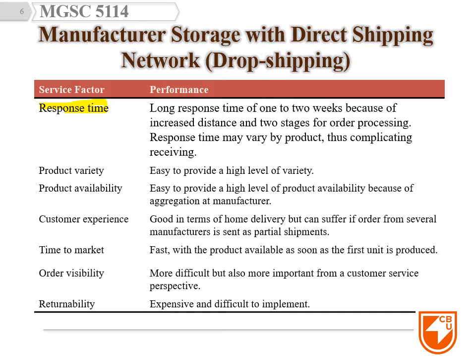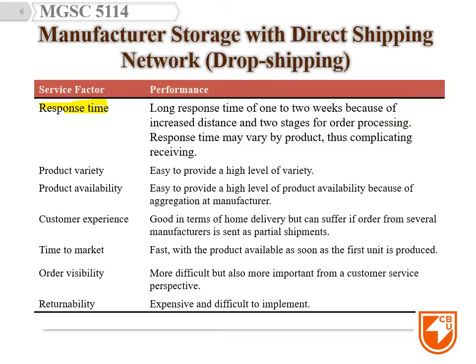Response time for this type of network is a little bit high because we need to move the products from the manufacturer's place to the customer's place, and it's normally individual shipments and takes a long time. So depending on types of products and the distance between manufacturers and customers, it could be even more lengthy.